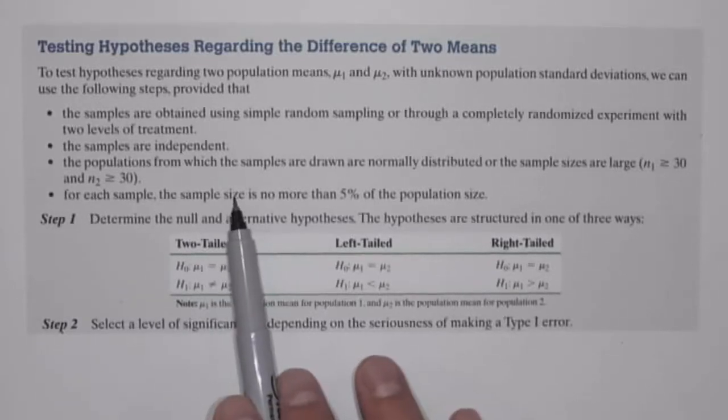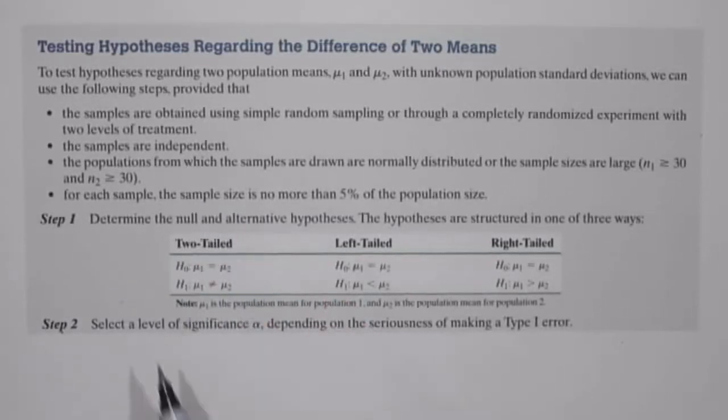So again, that's the distinction between bullet 4 and bullet 2. So as long as we meet those conditions, we're going to be able to conduct our hypothesis test. And other than the specific details of how we calculate the test statistic and the degrees of freedom, this hypothesis test is going to work pretty much like the other hypothesis tests that we've done so far.